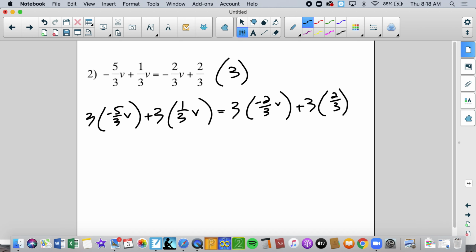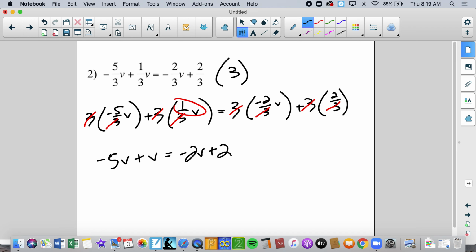I like this problem. So 3 cancels, leaves us with negative 5v. 3's cancel, leaves us with positive v. 3's cancel, leaves me with negative 2v. 3's cancel, leaves me with positive 2.